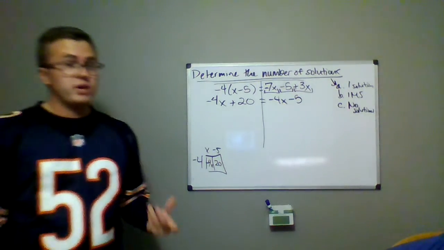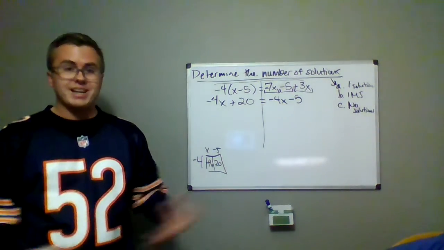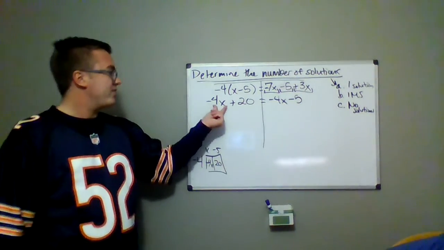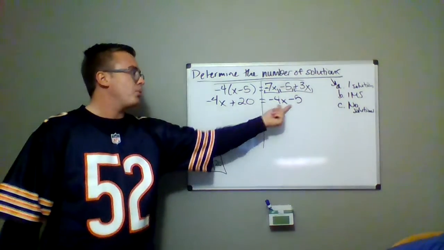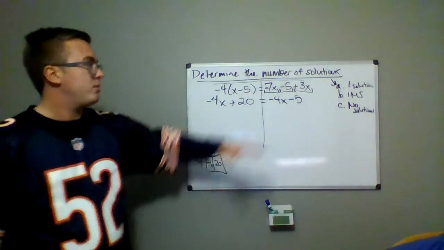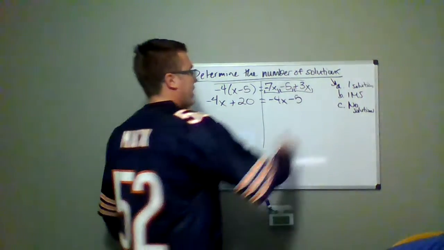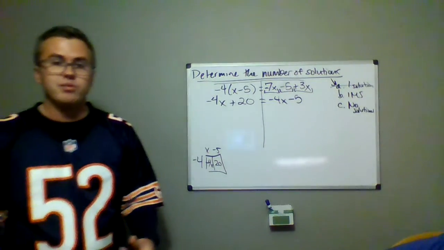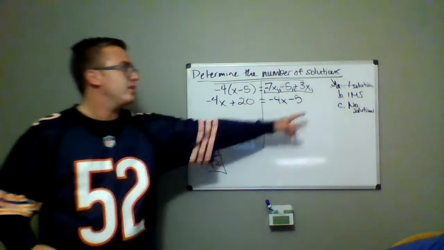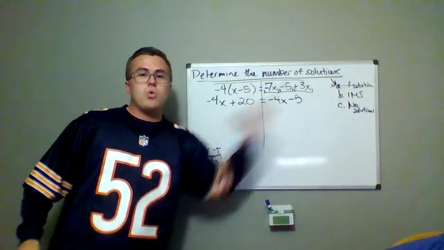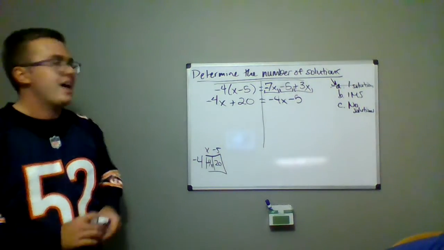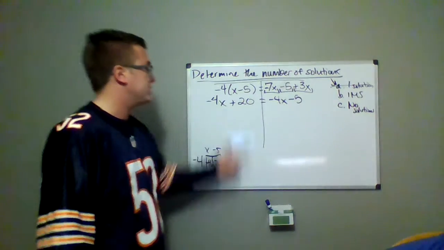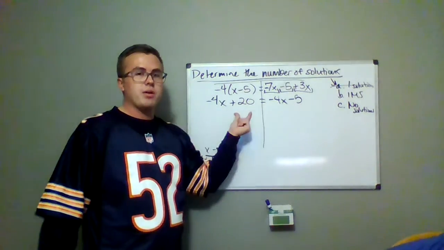All right, when you're at this step, before you get your x's on the same side, you should check to see if you have the same number of x's on both sides. That automatically means we can rule out that it's going to be one solution. So if there's the same number of x's on both sides, it has to be either infinitely many or no solutions. And then you can determine whether it's infinitely many or no solutions by looking at the other number.